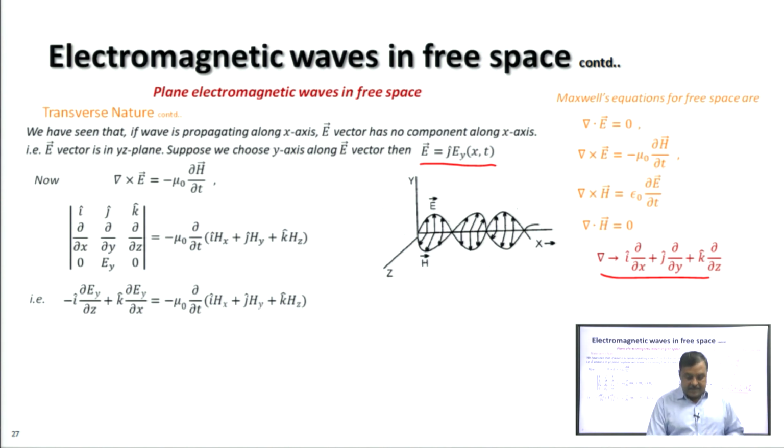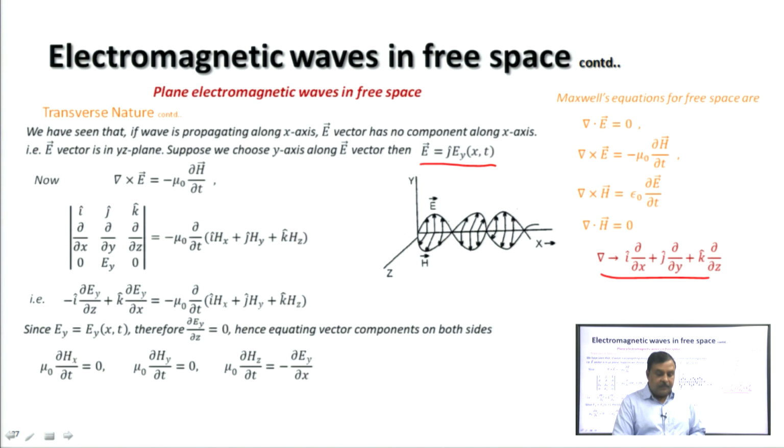Now, on the left hand side E y is function of x and t only. So, if E y is differentiated with respect to z, that will be equal to 0. So, this term goes to 0 because E y is function of x and t only.